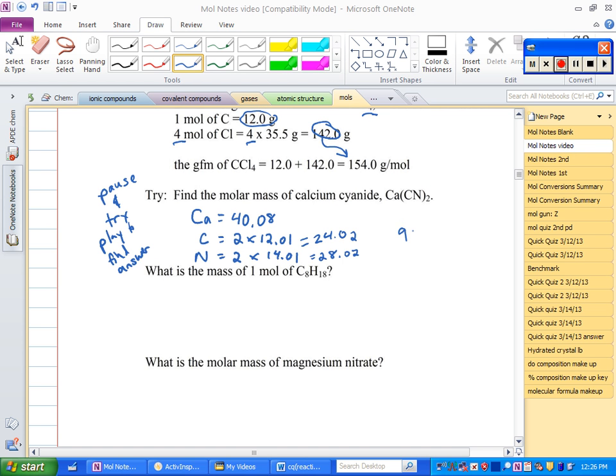So we get 92.12, and the units are grams per mole. So down here, we've got 8 carbons times 12.01 each, and we have 18 hydrogens times 1.01 each.